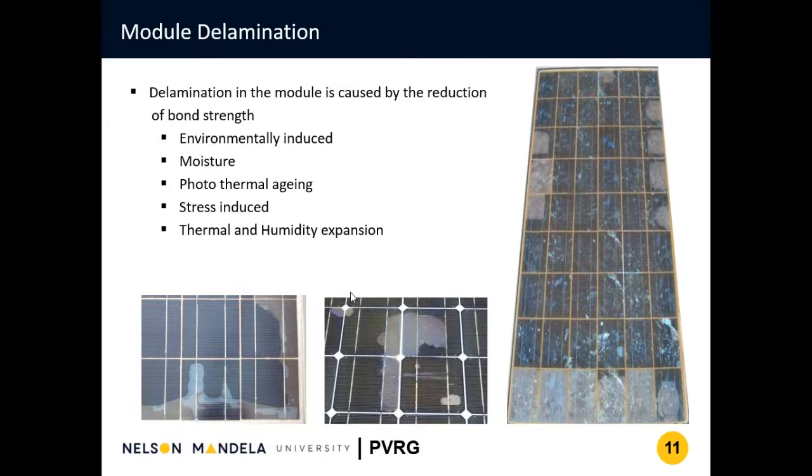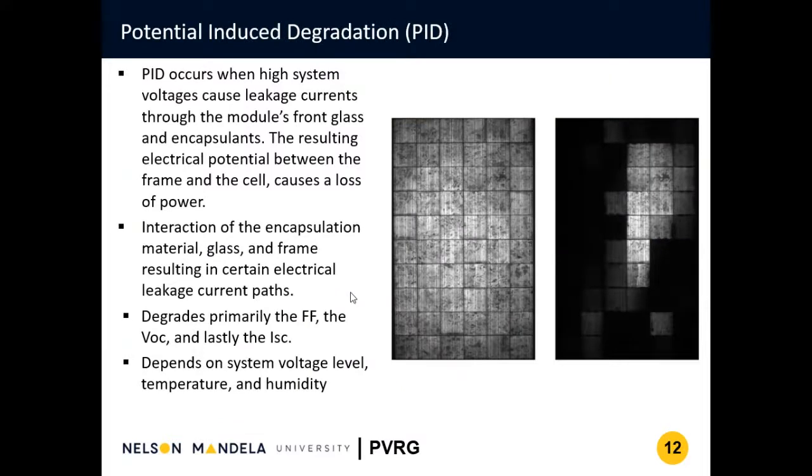So just briefly touching on potential induced degradation, we are going to have a webinar that looks at it in more detail in the next few weeks. But PID occurs when there's a high system voltage that causes leakage currents between the glass surface and encapsulants. And this results in a loss of power.